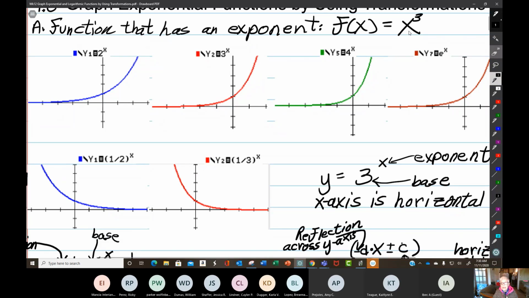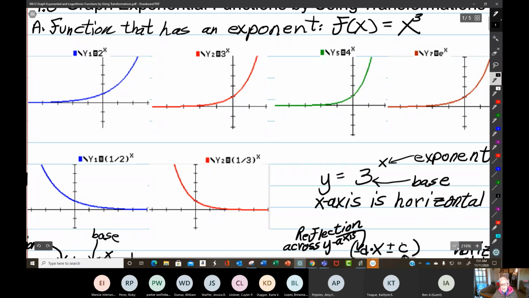Here the base is a variable and the exponent is a number. But with exponential functions, the base is a number and the exponent is a variable. So that's what makes exponential functions exciting and different.